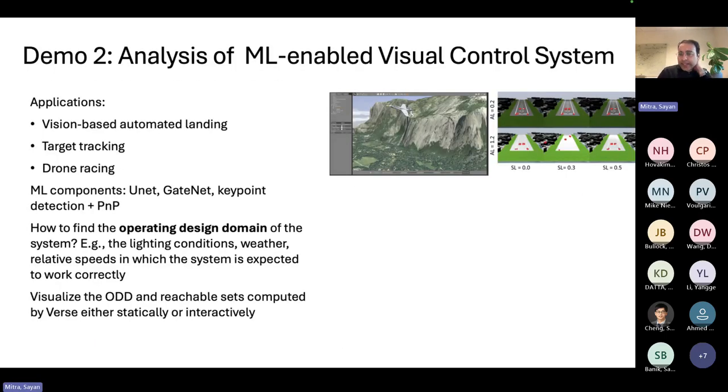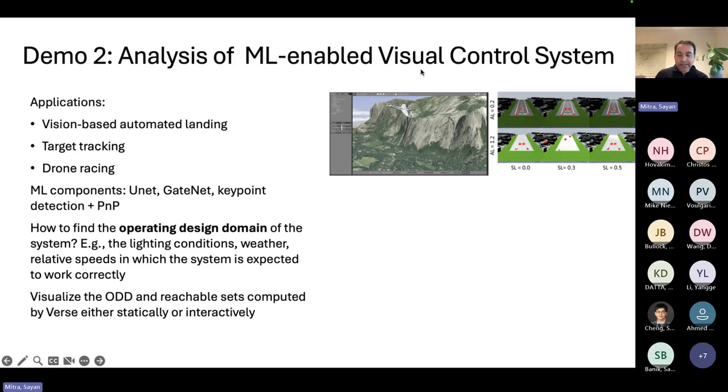Okay, so the next thing that we are thinking about is also connected to Verse, but it's a different application scenario. Multi-agent is not that important here, but we want to analyze machine learning enabled control systems.